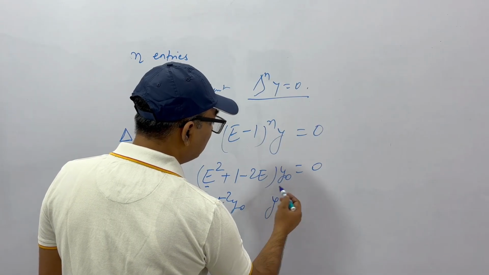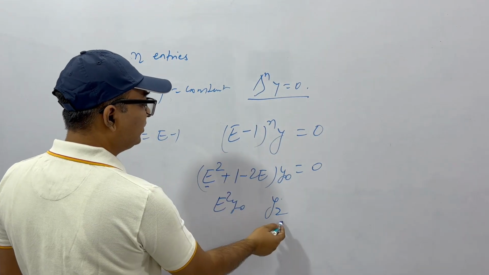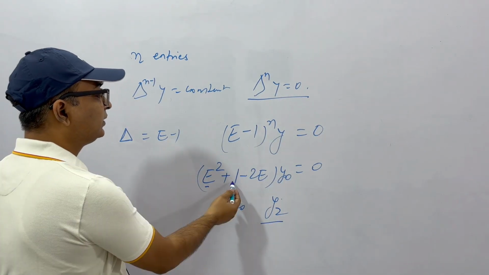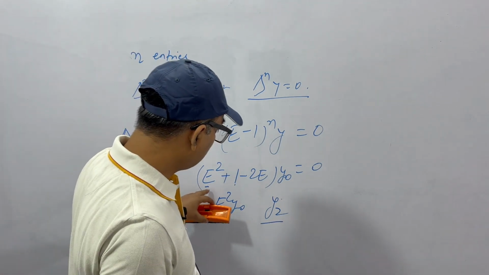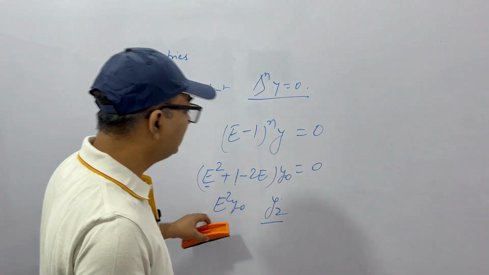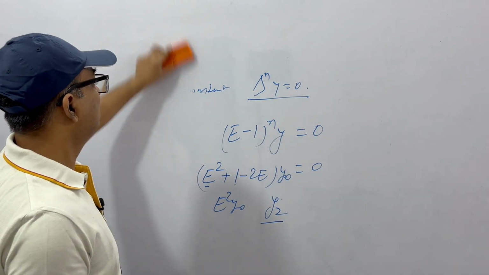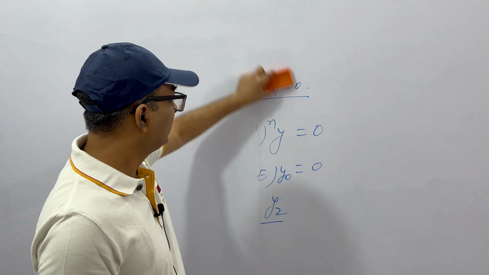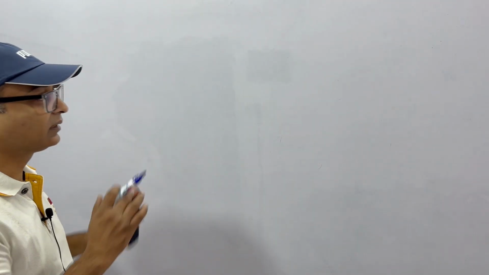If this is y0, y1, y2, so this will be y2. This is y0, this is y1. So we'll construct equations based on this and we'll find the value. So there are two methods. Now we'll see an example and solve the same example by both these methods and clear our concept.